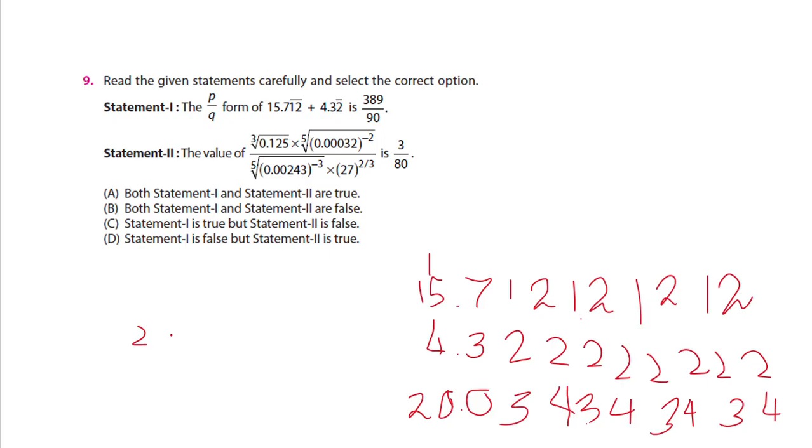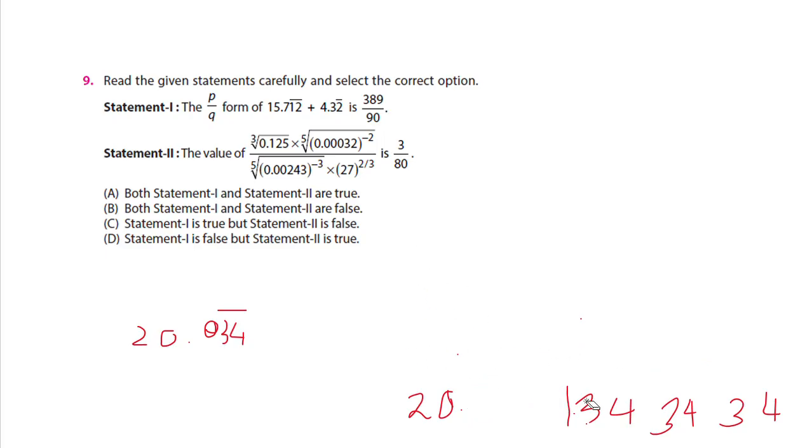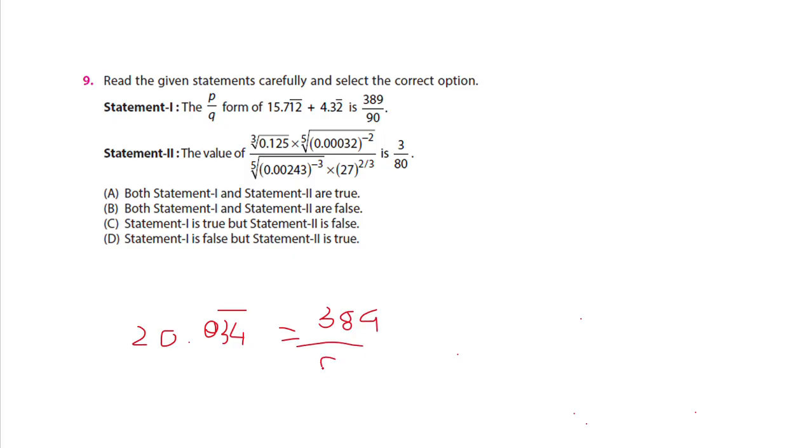If I simplify this, it would be 20.034 where 34 is recurrent. So this is the sum of the first sequence in decimal form. Now they say, according to the problem, that this is equal to 389 divided by 90.